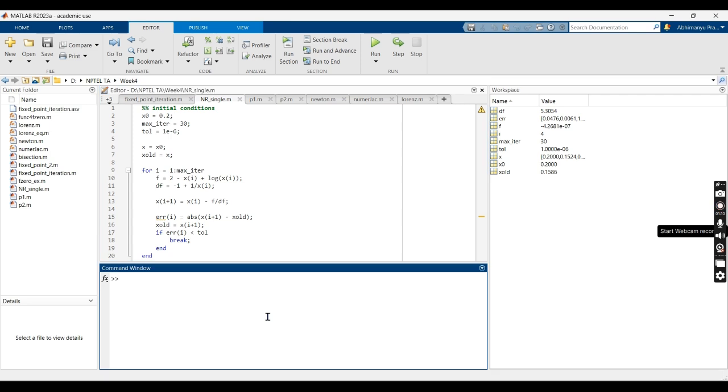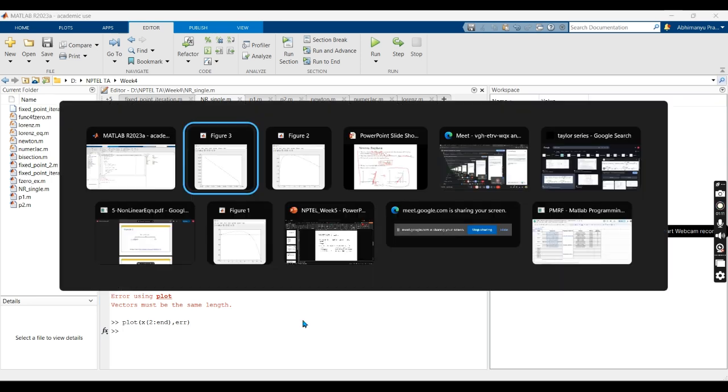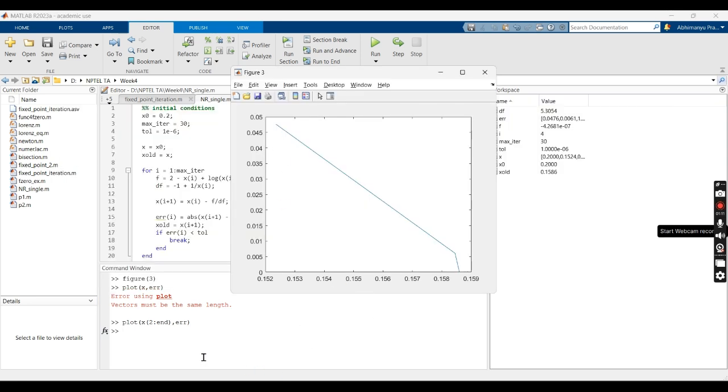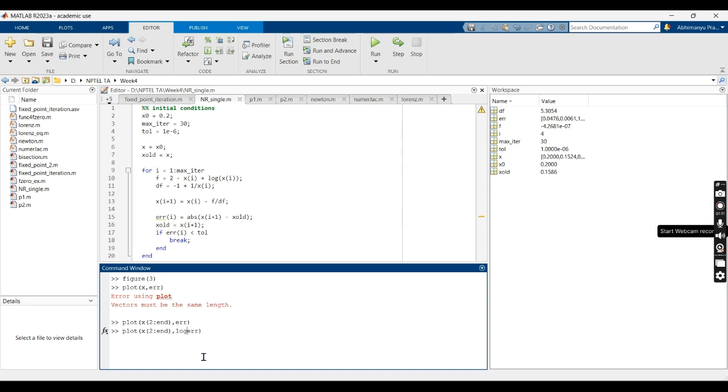Let me plot x. Let me plot the log of this.